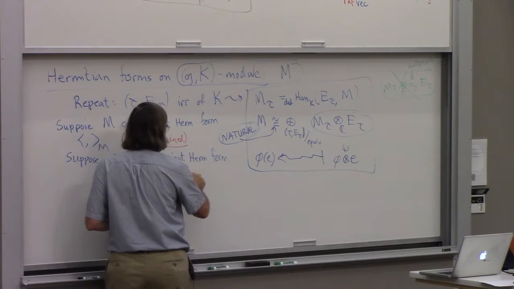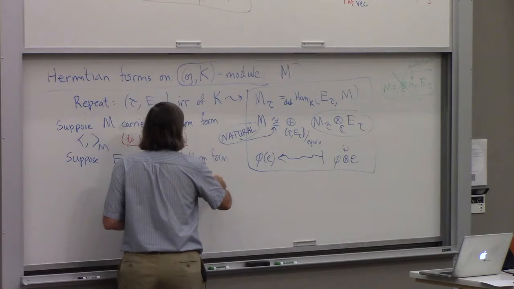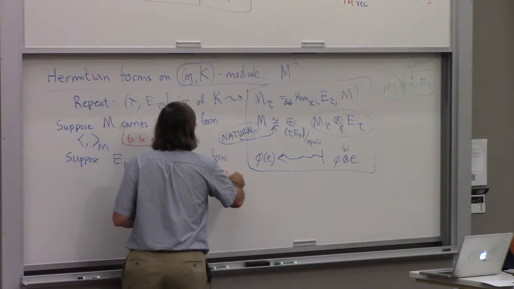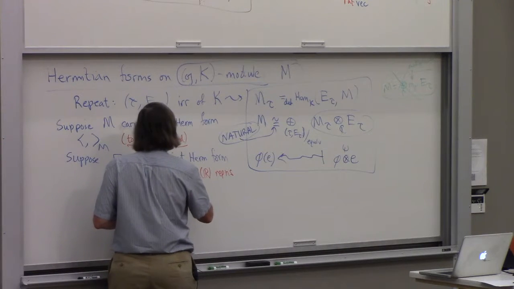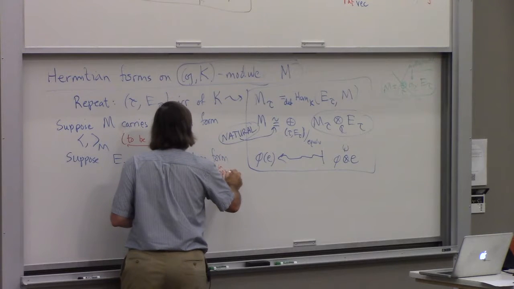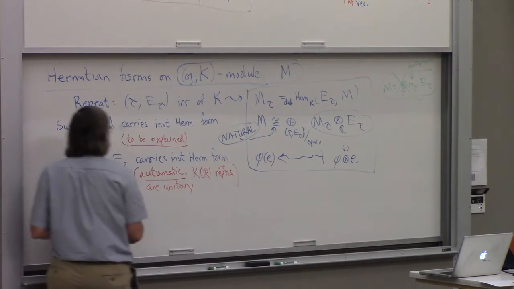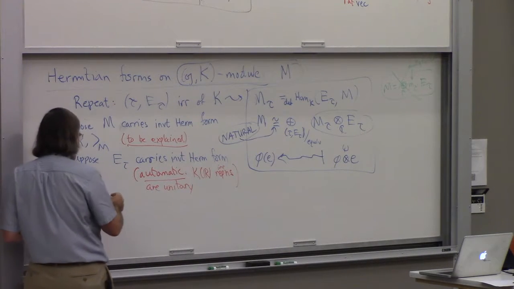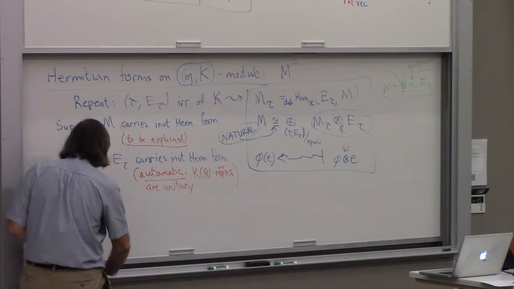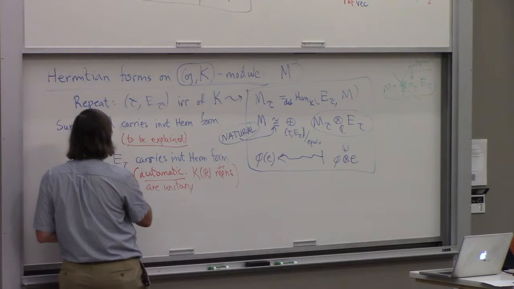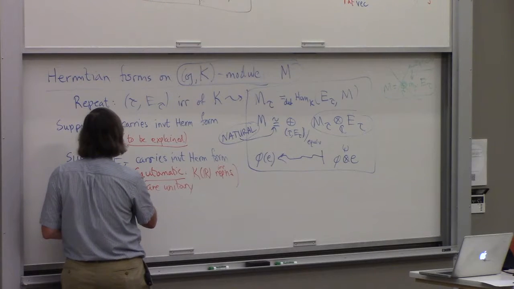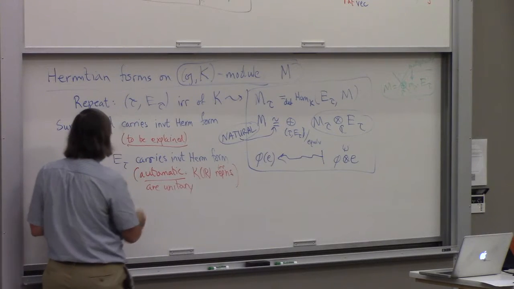The reason that it's automatic is that K of R representations are unitary. And anyway, this form on E tau, I'll write like that.